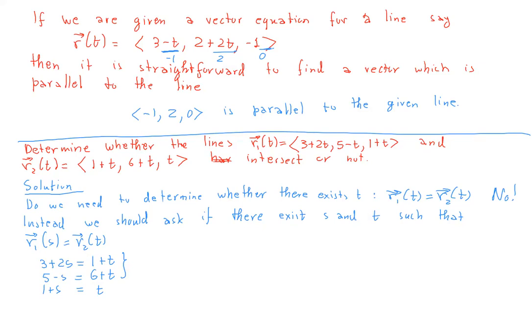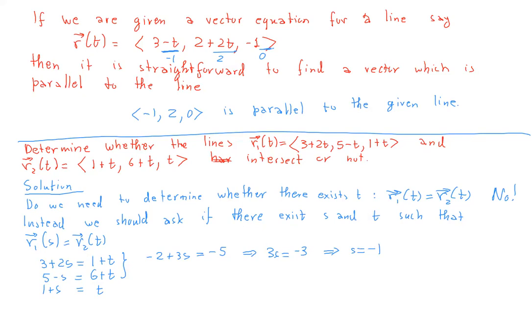If we subtract the 2 equations, that's the simplest thing to do here, then we're going to get 3 minus 5 is negative 2, 2S minus negative S is plus 3S, and that will be 1 minus 6 is negative 5. So that will give you 3S is negative 3, which means that S is equal to negative 1.